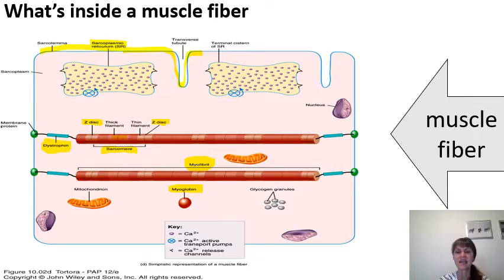We also see glycogen granules inside the sarcoplasm. Remember, glycogen can be broken down into glucose to be converted into adenosine triphosphate. And we store glycogen in our skeletal muscle fibers and the liver.